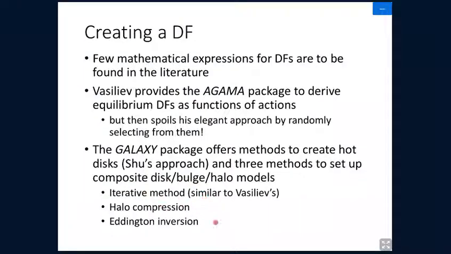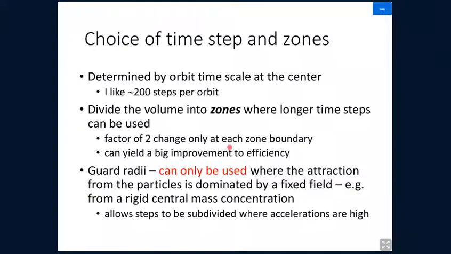All three of these methods are provided by the GALAXY code, and it enables you to set up a distribution function for the halo and also the bulge, if you want, in the presence of other mass components like the bulge or the disk. So working hard at that has been an important part of what I've achieved over the years.